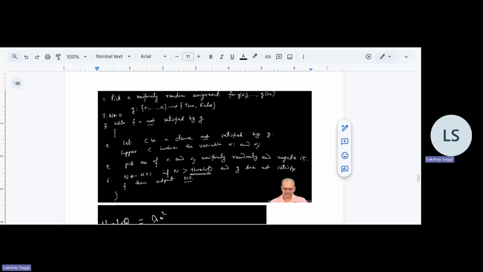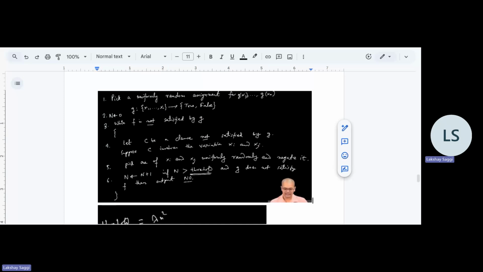Suppose you picked xi, and xi was initially set to true in this assignment g. Now you will set xi to false, because what this ends up doing is that the clause C will at least become satisfied as soon as you negate one of the variables of the clause which is not satisfied.